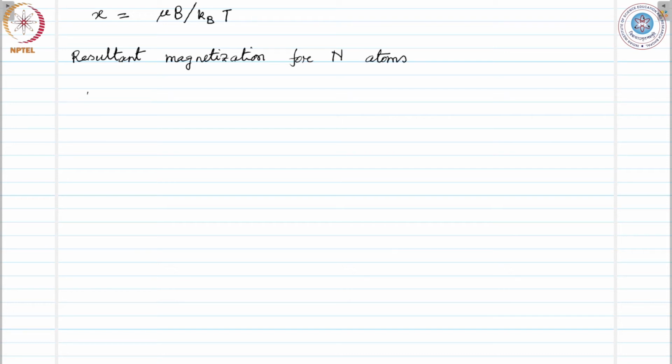that can be expressed if we assume x equals mu B over kB T, then the resultant magnetization for the total n atoms can be given as M equals, the difference of the population becomes useful, N1 minus N2 times mu, which is N mu e^x minus e^-x over e^x plus e^-x.